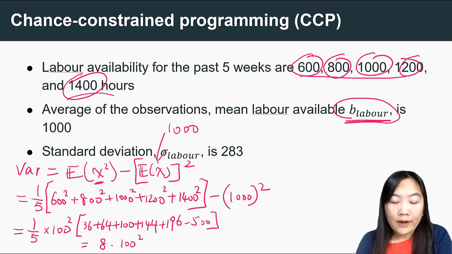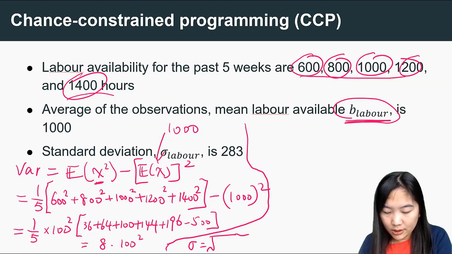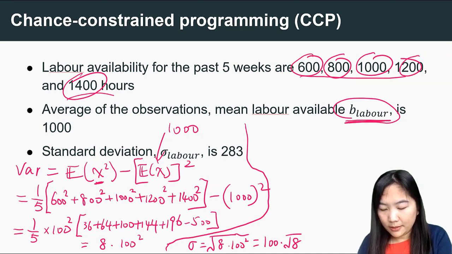If I do this, it will be 8 times 100 squared. So that's the variance. And if you want to know the standard deviation, that's the square root of the variance, 800 squared, and that will be 100 times the square root of 8.